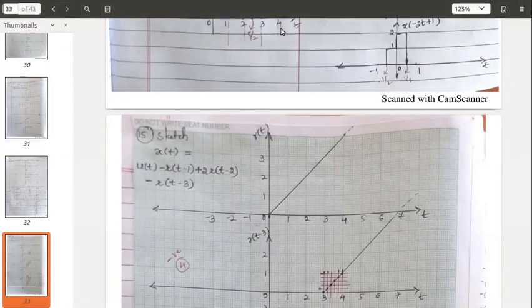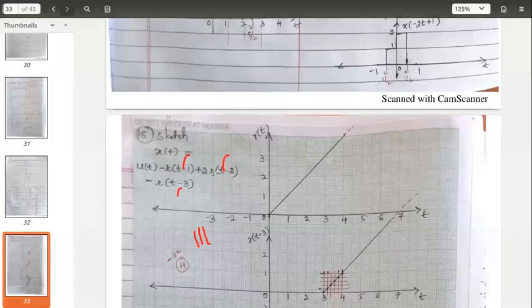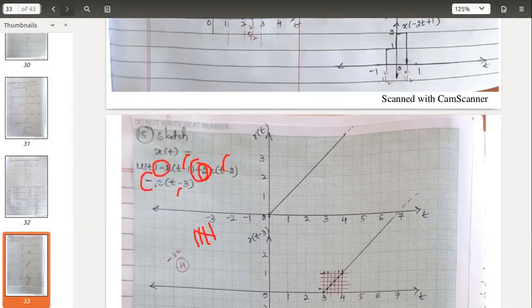Let's see who that is. Tasneem says 7. Shall I count it? There is one shifting operation, second shifting operation, third shifting operation, 3 shifts. Then here there is an amplitude scaling, 4th. Then here there is addition, 5th. Here there is a subtraction. Very good, Tasneem. 7 operations are involved in total.